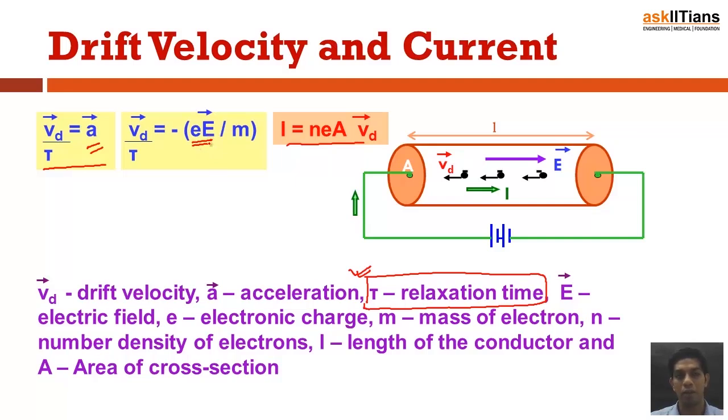Dividing that force by its mass, I will get the average acceleration. So hence we have found the expression for the value of drift velocity in terms of electric field and relaxation time. Now we need to find the relationship between the current and the drift velocity.